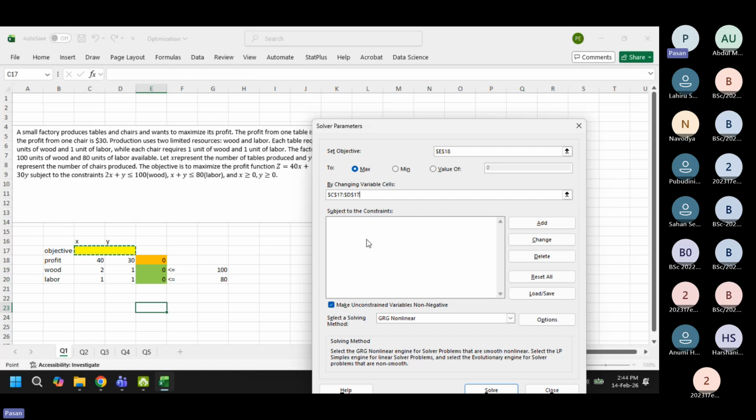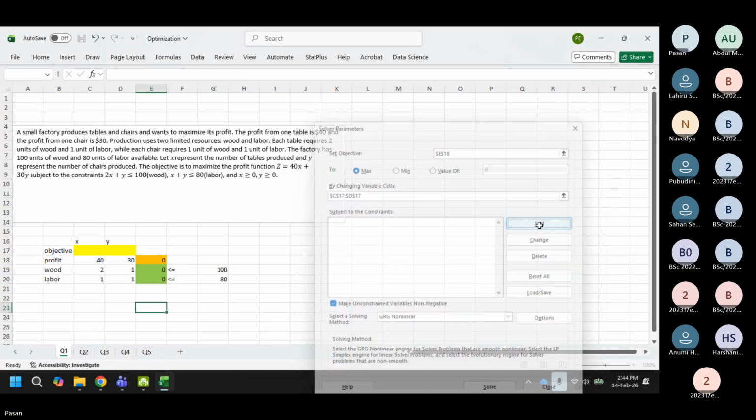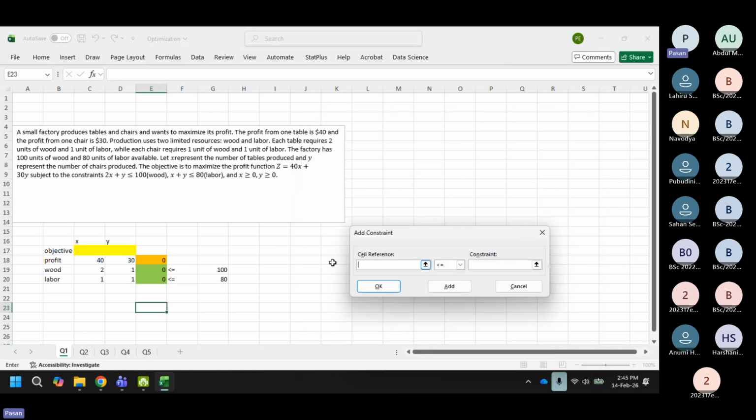And then we can add the constraints here by clicking here. So this is the cell reference, and that is the less than or equal. We have options of less than or equal, greater than or equal, and then we have int, bin, dif as well, right? I will introduce what these are later.